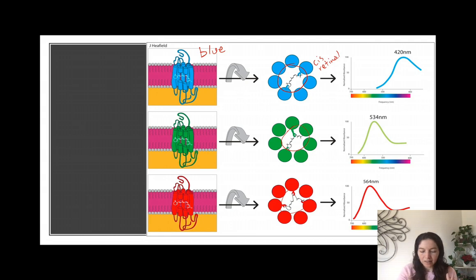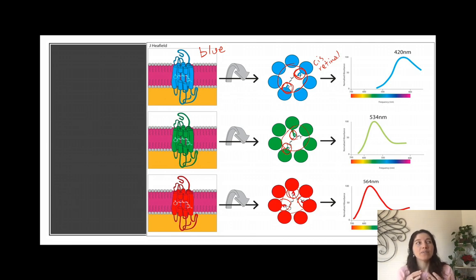They're bonded to different locations on the rod, which indicates what kind of receptor it is. So here the blue is bound here and here, the green is bound here and here, and the red is bound here, here, and here. So it's still cis-retinol in each of these proteins, but they're bound to the protein slightly differently.